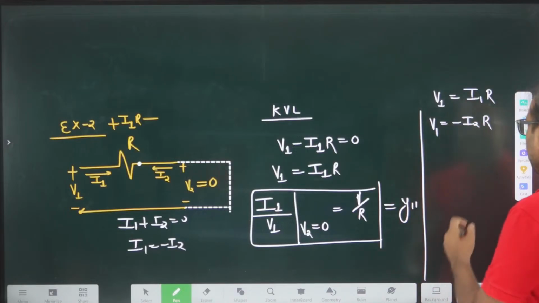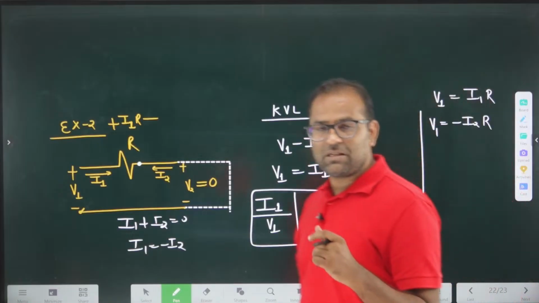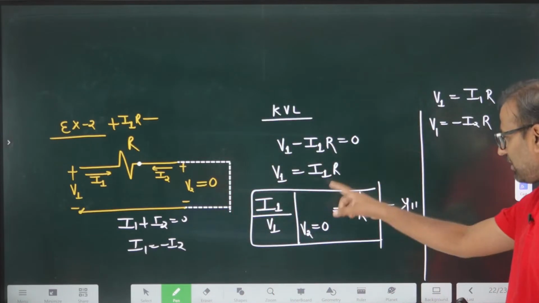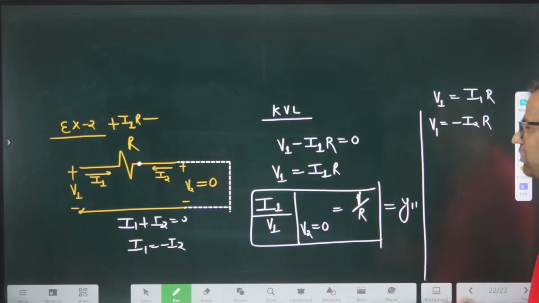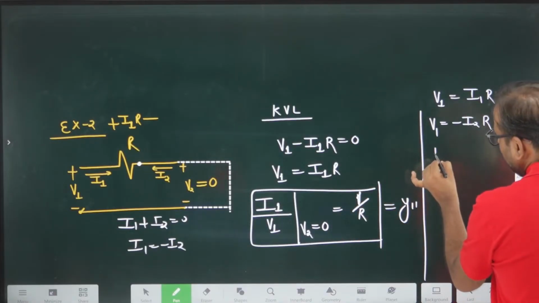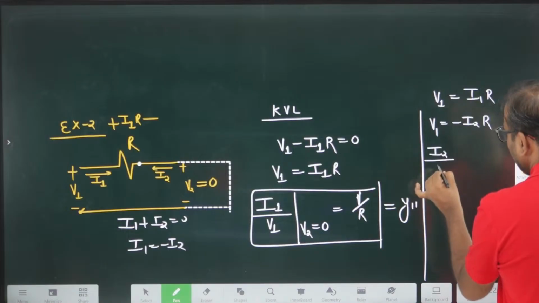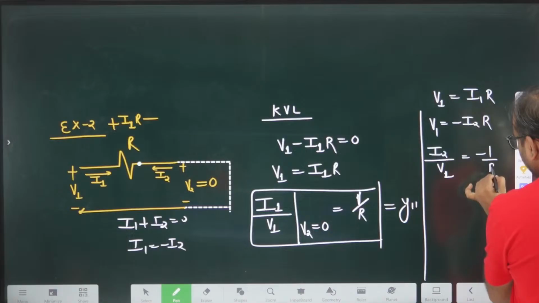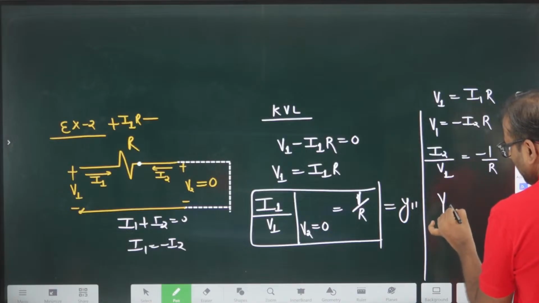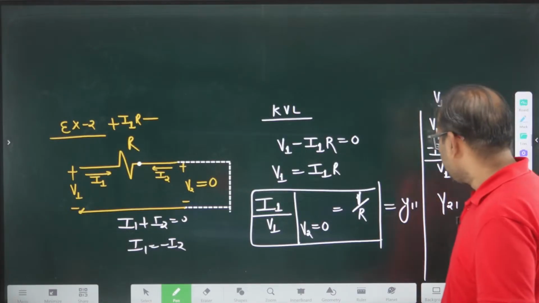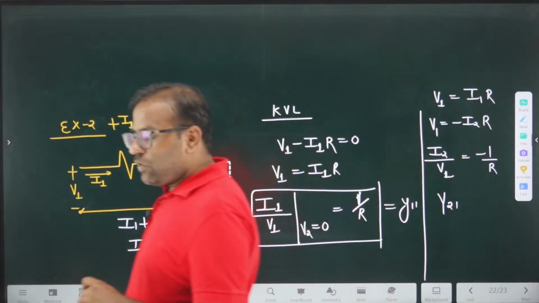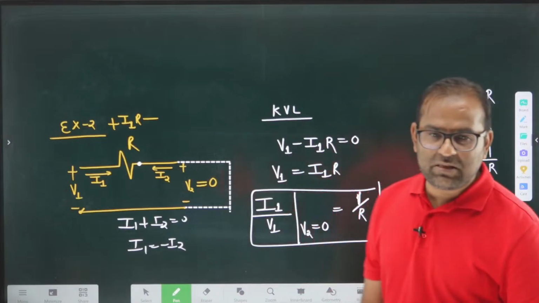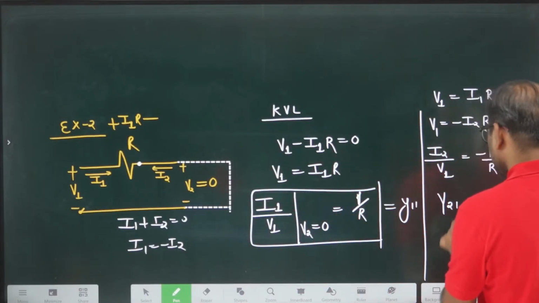Correct? And admittance is not negative. The transfer admittance can be negative because of the direction, but driving point admittance is always positive. So you can say I2 divided by V1 is equivalent to minus 1 by R, and that parameter is known as Y21. As we know that this network is a pure resistive network, and the property of a resistive network is always reciprocal.